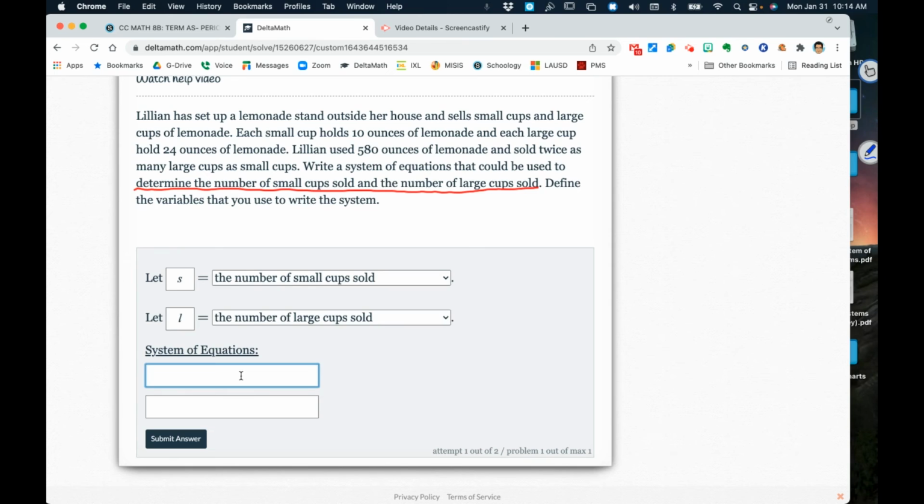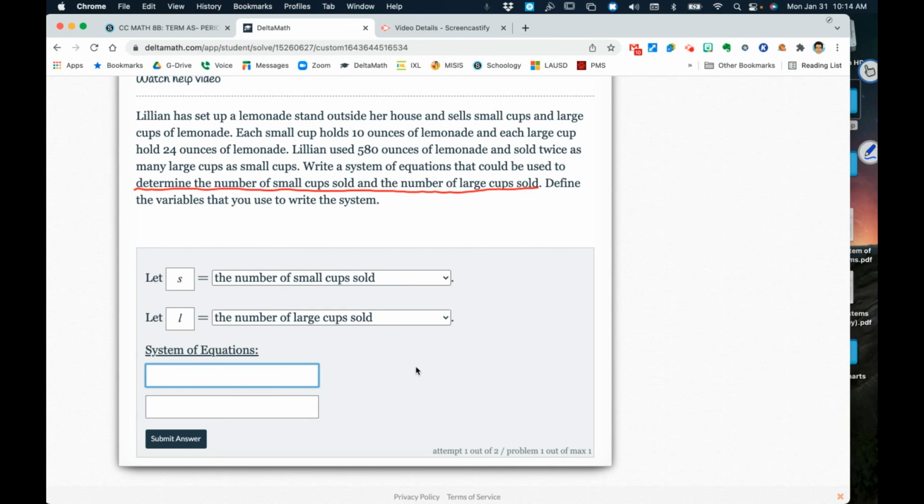Okay, so let's see here. The small cups hold 10 ounces. The large cups hold 24 ounces. And it was 580 ounces. Can we come up with something from that? S plus L equals 580?